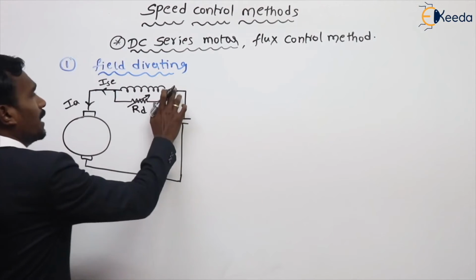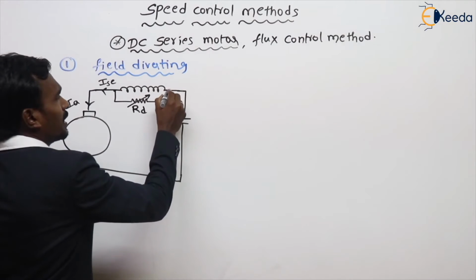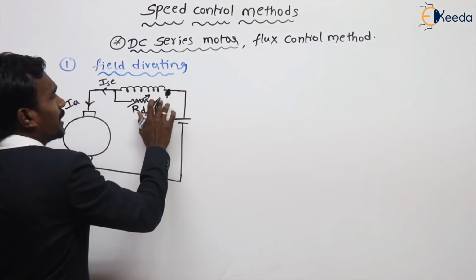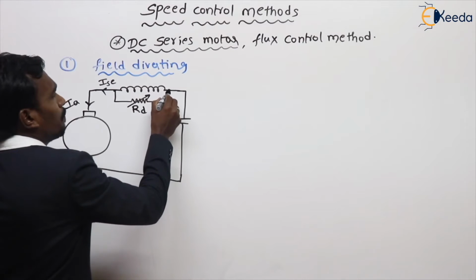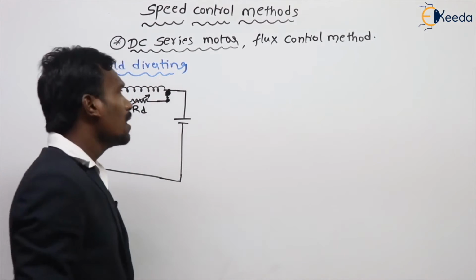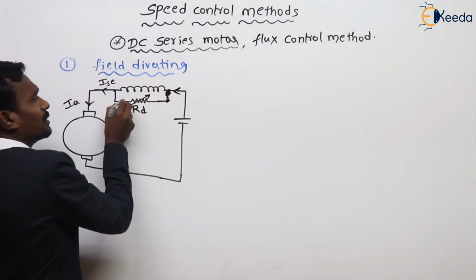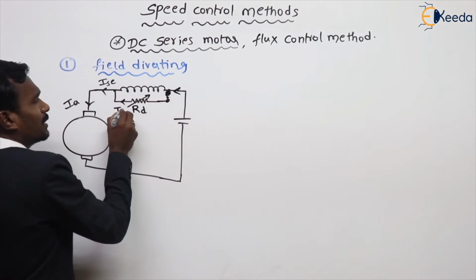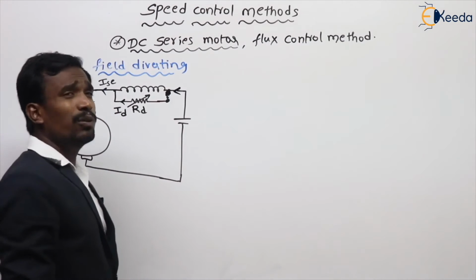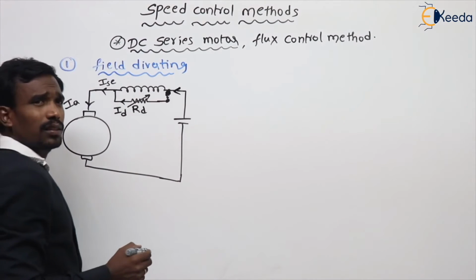So an extra resistance is connected in parallel to the field winding. Then the actual current is divided into two parts, and the current flowing in this branch is called the diverting current and the remaining current flows in the field winding.